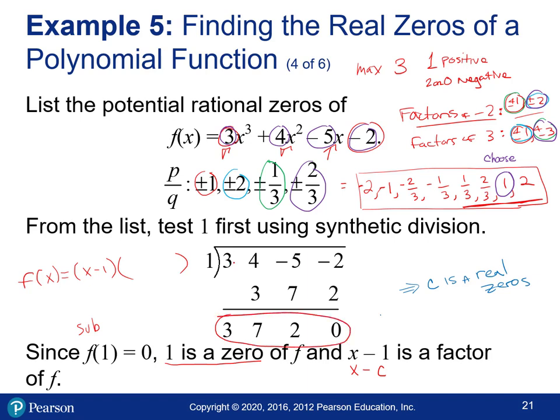So this used to be x cubed, this was x squared, and so on. And so when we divide, this is technically by x minus 1. Then what's left over is 3x squared, because we divided by x, plus 7x plus 2.